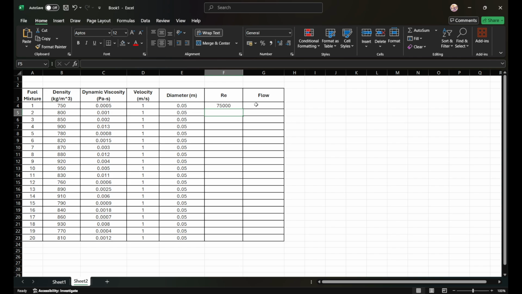We can also make a script or a code to determine whether our flow is turbulent, laminar, or transitional for that matter. I'll just do the script.